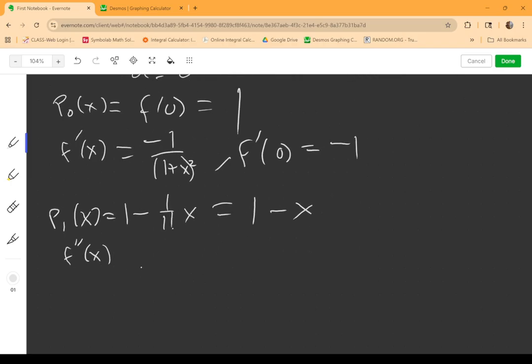All right, so now the second derivative, and then we start to see patterns as I keep taking derivatives over and over. So negative negative 2, which we can think of as positive 2, over (1 plus x) to the third power. F second derivative of 0, we get 2.